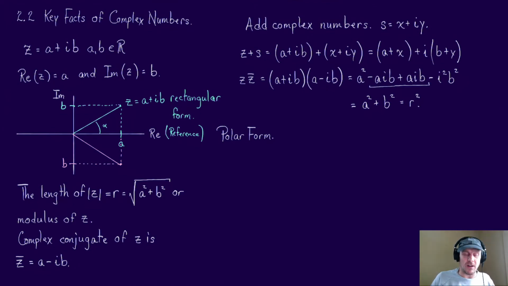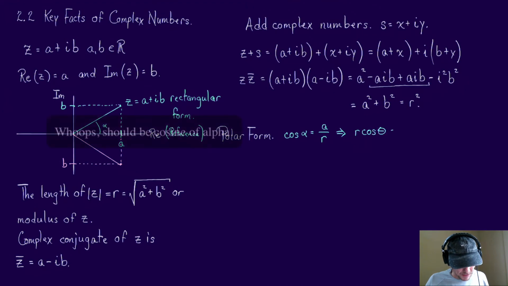And notice this then. Well, what does that tell me? If I have alpha and I have z, I've drawn it out as a right triangle, I can also say that the cosine of alpha is equal to the adjacent side, that's a, over the modulus r. But I could multiply both sides by r, and I could write this as r times the cosine of alpha is equal to a.